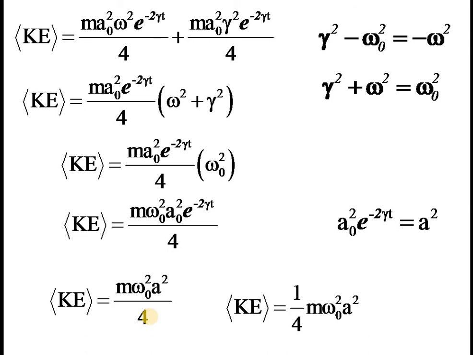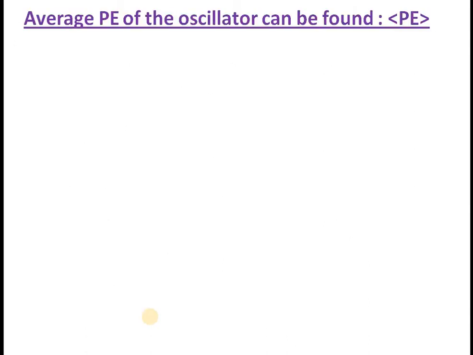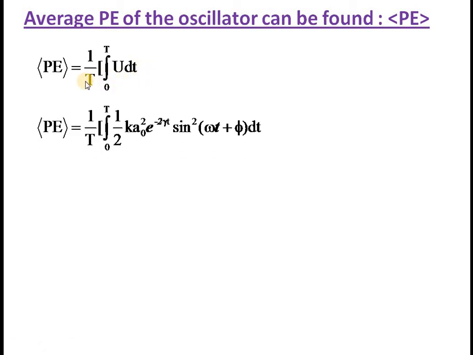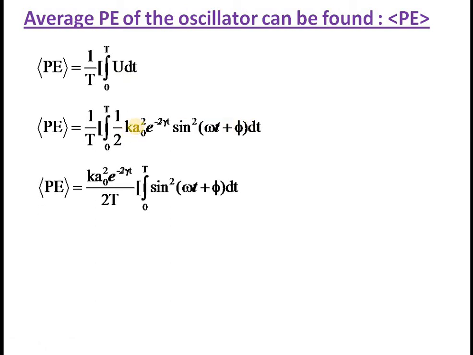Now you can go for the average potential energy over the complete cycle. This is the total potential energy over a complete cycle, and you have to divide it by the total time of a single period. So we have to integrate the potential energy expression over a complete cycle. That can be done very easily because there are many constants that we can take outside.